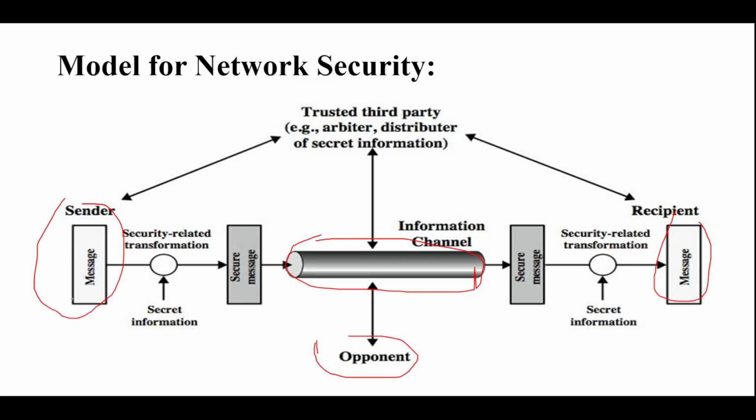For example, this sender is sending some secret information, or simply a message, named M. Now, whatever the original message is, if the sender sends it as it is to the receiver, this opponent can check that information. So for that purpose, on this original message, we apply the encryption algorithm.